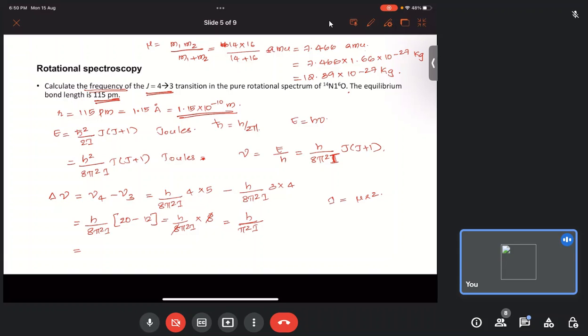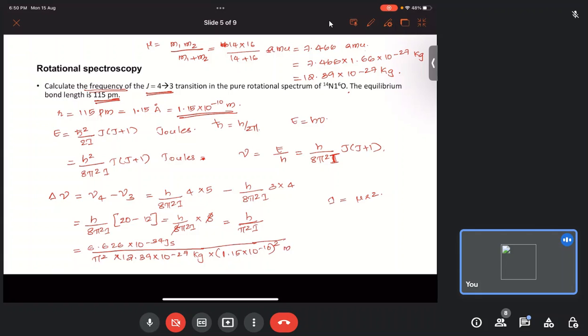So substituting these values, h, which is Planck constant, is 6.626 into 10 to the power minus 34 joule seconds, pi square, I is mu r square, mu is 12.39 into 10 to the power minus 27 kilograms, into r square is 1.15 into 10 to the power minus 10 the whole square.